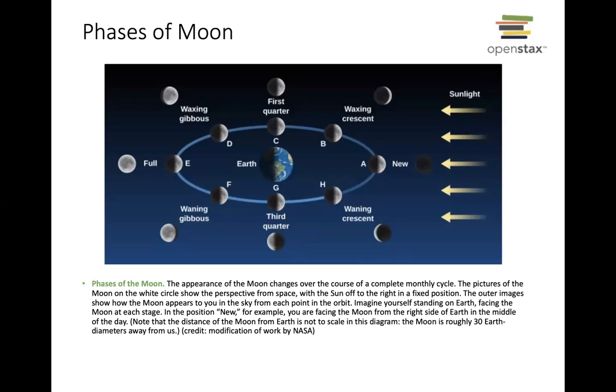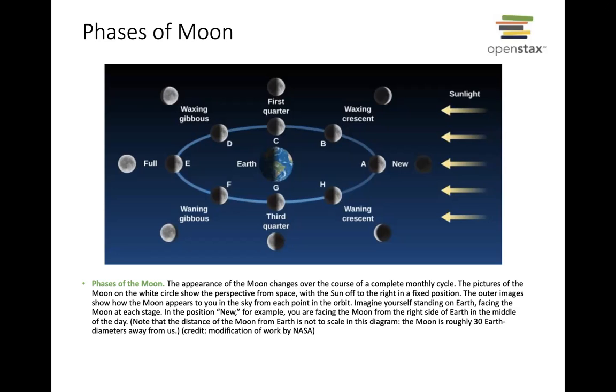Now you can see this diagram. On the left hand side, there is sunlight coming from the left, and the Earth is at the center. You can see that on this inner circle, the moon is between the Earth and the sun.